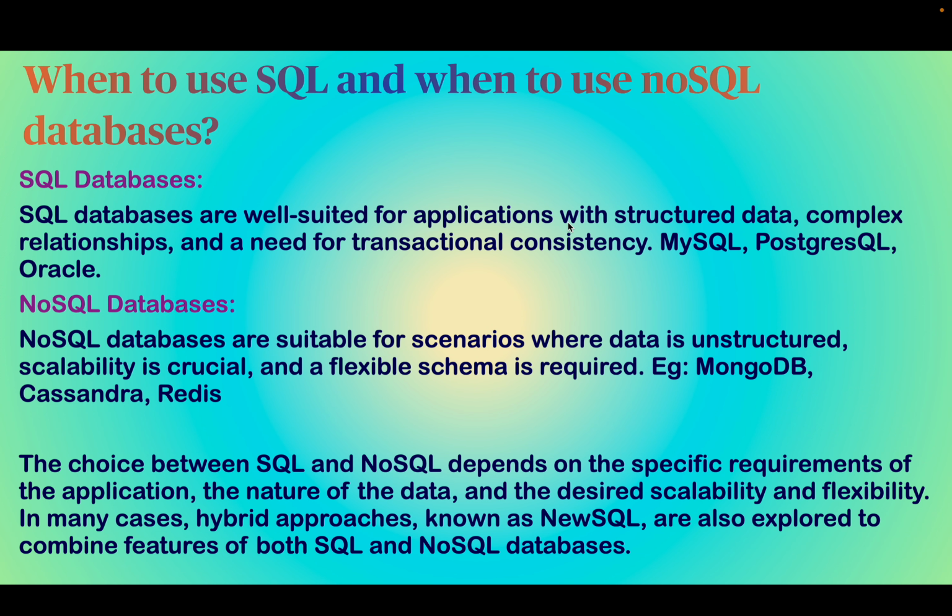After analyzing all these, we need to choose which database we are going to use in our application. In many cases, nowadays a hybrid approach has come, wherein we can combine the features of both SQL and NoSQL databases.